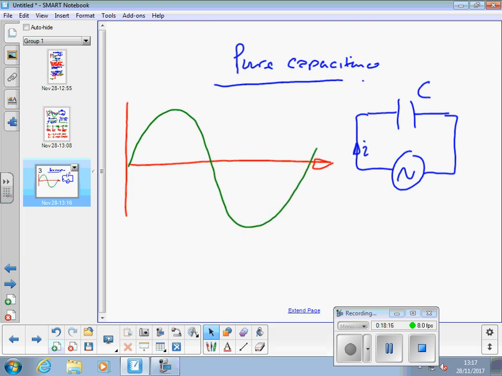Voltage is the in-phase component. And the current I leads the voltage V by 90 degrees, because this peak here is a whole 90 degrees before the voltage peaks.